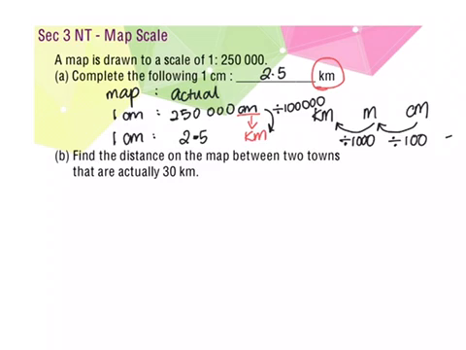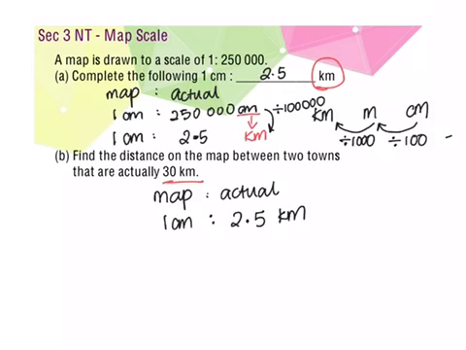Okay, part B. Find the distance on the map between two towns that are actually 30 kilometers apart. So what have we gotten from the previous part? From our previous part, we already know for map and actual, our one on the map will be 1 cm. And since they gave me that the actual distance is in kilometers, I'm going to use the version that already has converted the units to 2.5 kilometers.